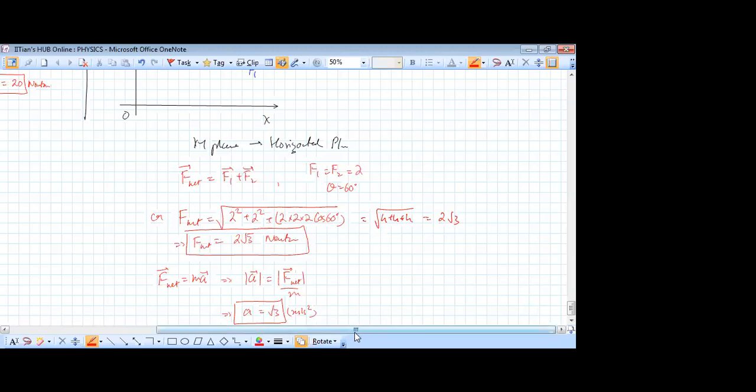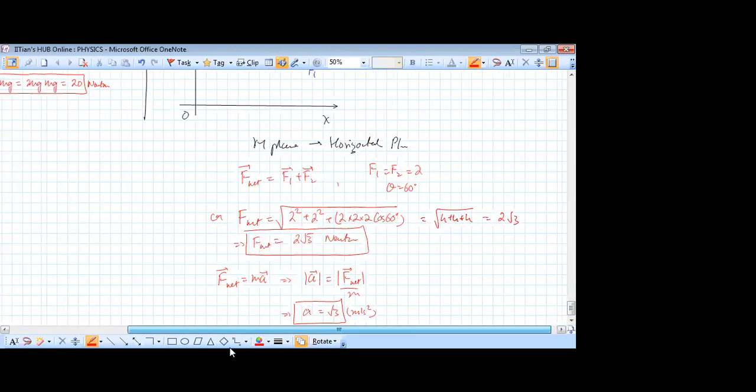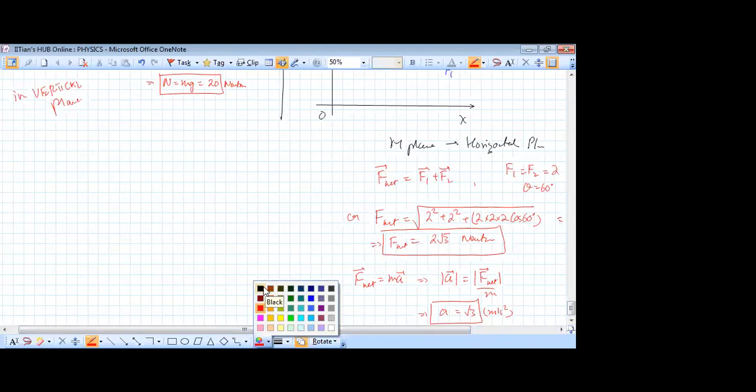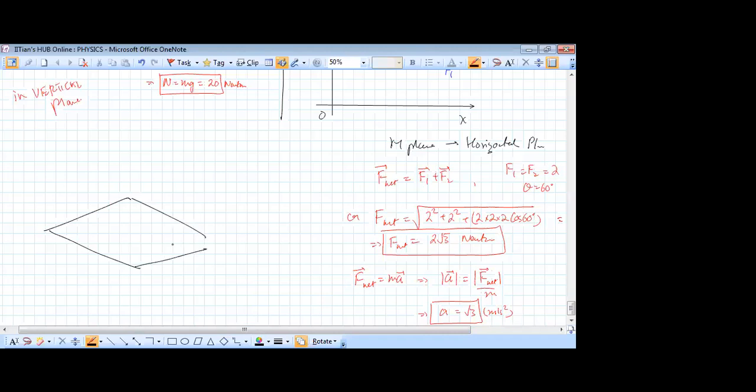Okay. So on that horizontal plane, this was your horizontal plane, and the block is lying like this over here. So ultimately, we are seeing what is happening here. You have vertical forces, normal reaction, and mg, which are balancing each other.